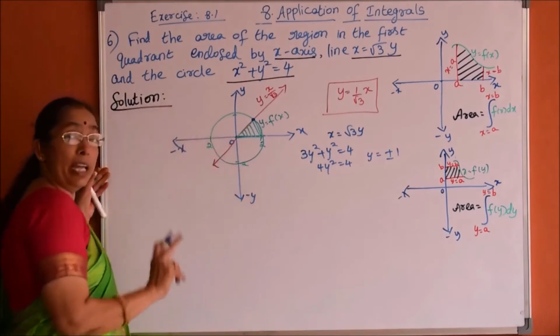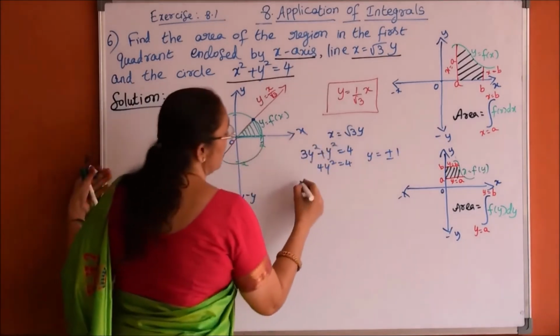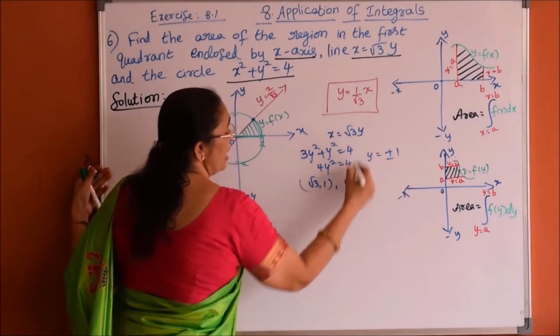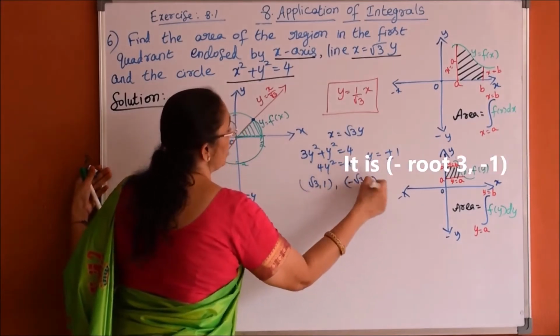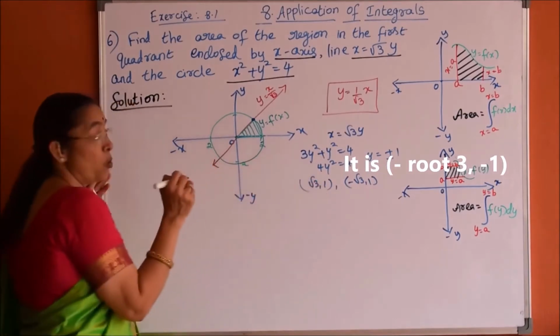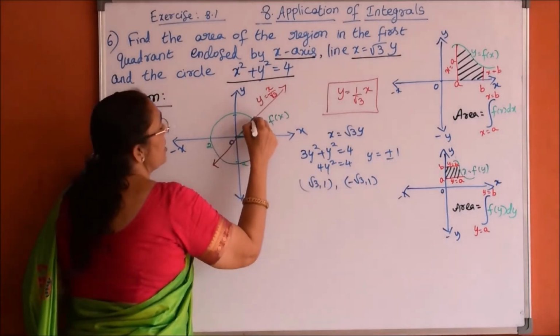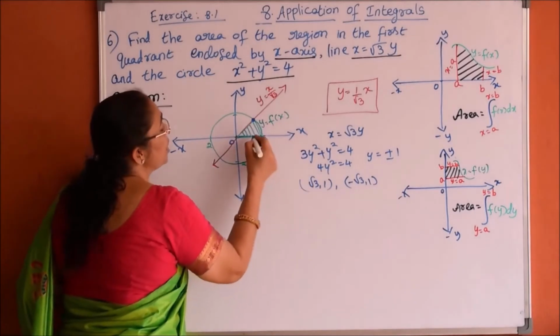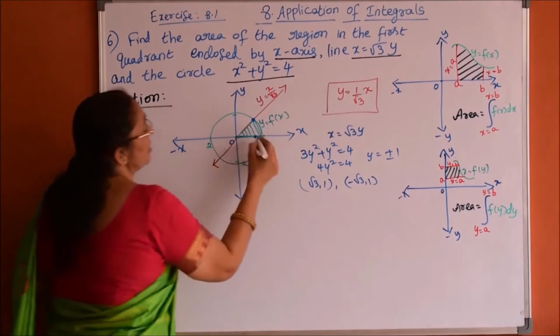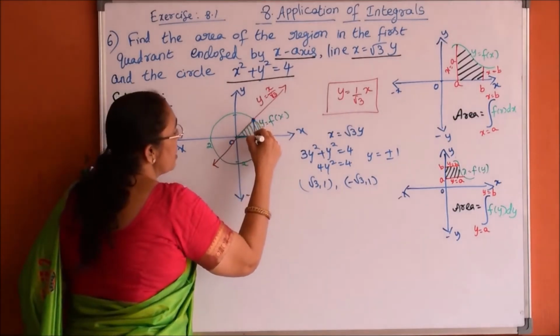So, when y is plus 1, x will be root 3. So, root 3 comma 1, and when y is minus 1, minus root 3 comma minus 1. So, these are the two values. So, let me go in the first quadrant. So, this point is nothing but x is equal to root 3. Here it is. Root 3 is 1.732 value, no? Yeah, fine. So, this line is x is equal to root 3.